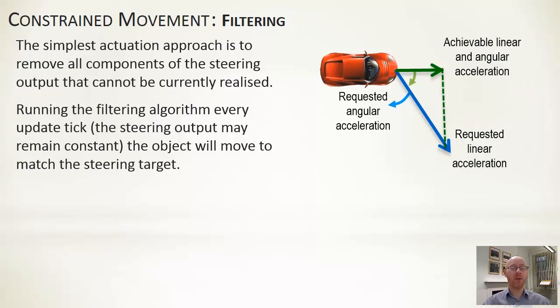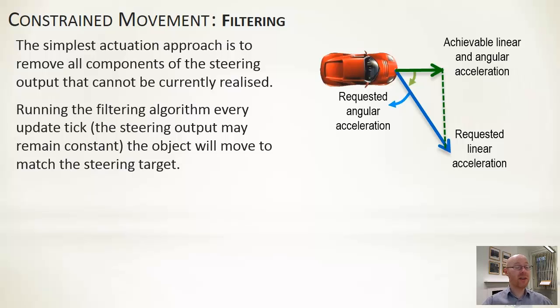And you cut out of that anything you can't currently realize. So our requested linear acceleration in the blue arrow, we can only presently realize what the green arrow shows. We can accelerate forward with that particular magnitude, and we'll turn again as the green arrow shows.